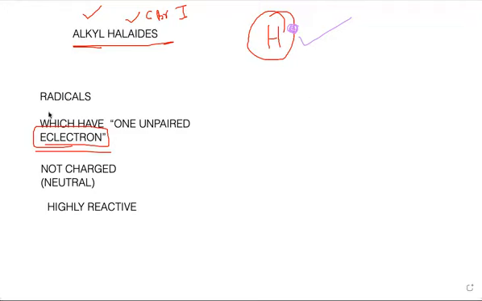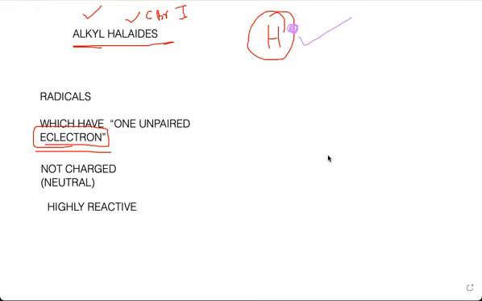So what is a free radical? It is highly reactive. In physical chemistry or inorganic chemistry, we always discuss that metals are highly reactive, sodium is highly reactive, potassium is highly reactive. But organic chemistry is all about hydrocarbons, or you can say all about covalent bonding.